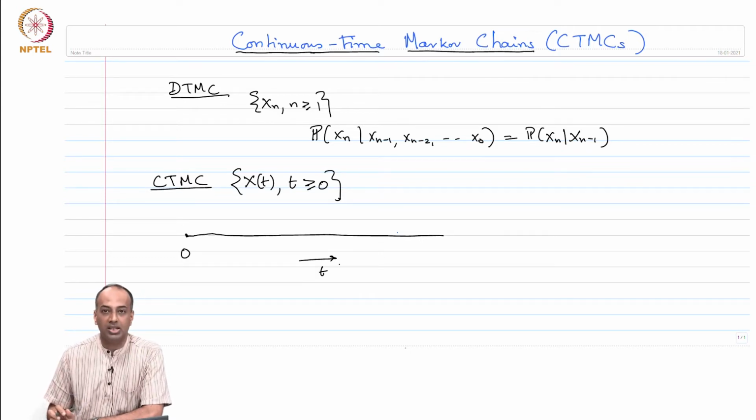A CTMC is characterized by something known as an embedded Markov chain. So, it is characterized by two things.